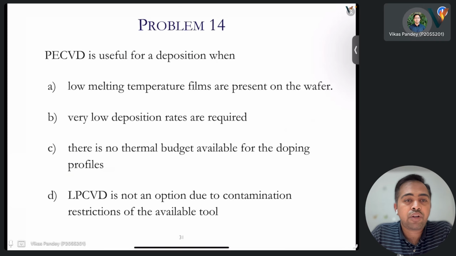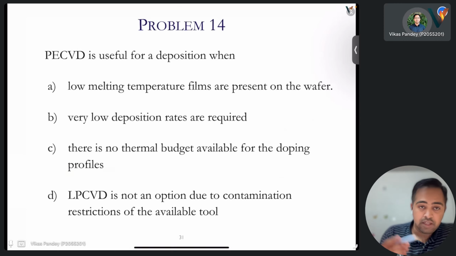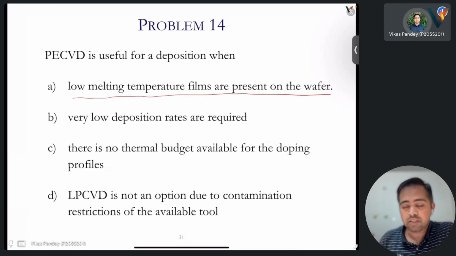PECVD is useful for deposition when low melting temperature films are already present on the wafer. Like I discussed earlier, when we already have something that can be affected by temperature. Very low deposition rates are required?